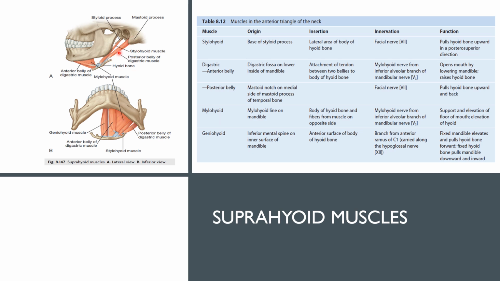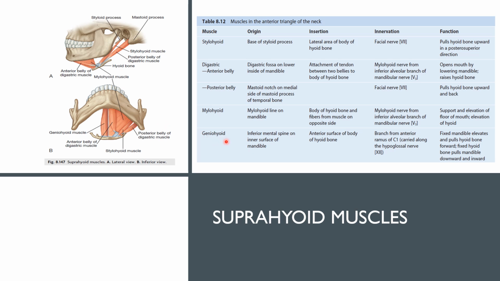The posterior belly of digastric and the stylohyoid muscle, both are supplied by the facial nerve. Okay, the anterior belly of digastric and mylohyoid, both are supplied by the mandibular division of the trigeminal nerve. This is the motor nerve supply.